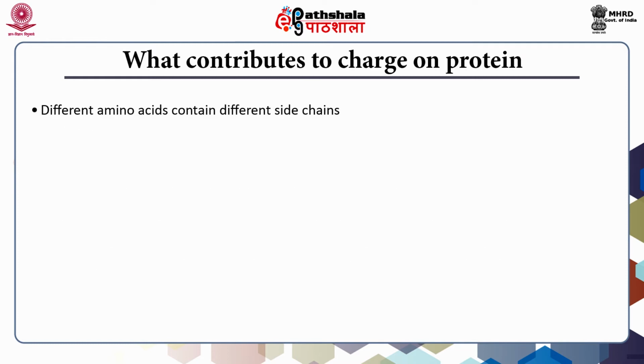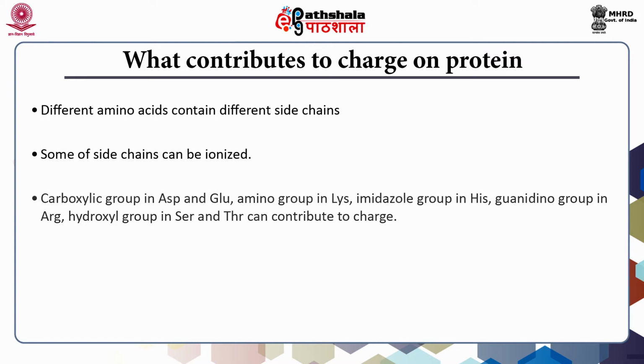Different amino acids contain different side chains, and some of them do contain groups which can contribute to charge on protein. For example, side chains of aspartic acid and glutamic acid have carboxylic groups, while that of lysine has an amino group.